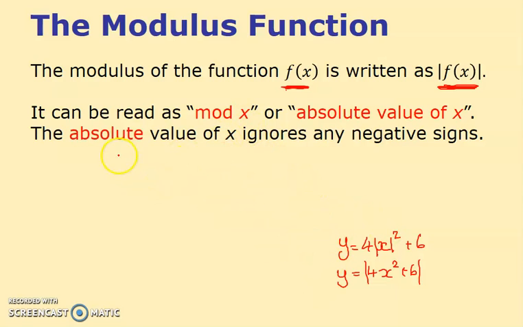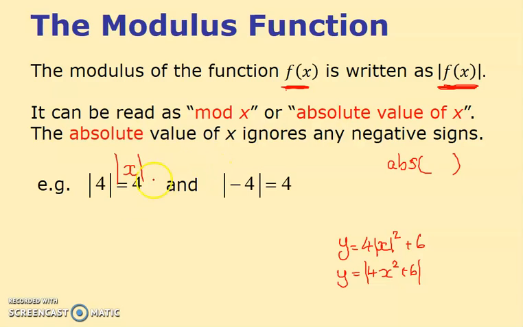Either way, if you see these two lines, it means the modulus of x. Sometimes it's written the absolute value of x, and on graphical calculators you often see a function which says abs, an alternative way of writing the modulus sign. But if we were doing this in the exam, we must write the modulus sign.